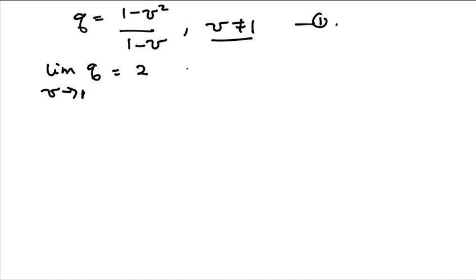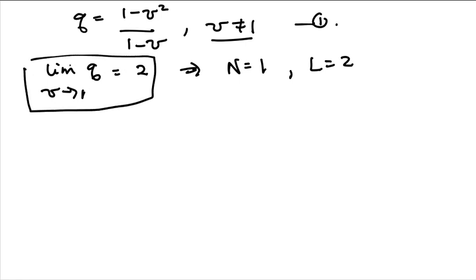So from here we know that we can have N equivalent to 1, and L here is actually 2, isn't it? From here we can create the neighborhood, because we have this answer: the limit of Q when V approaches 1 is 2.